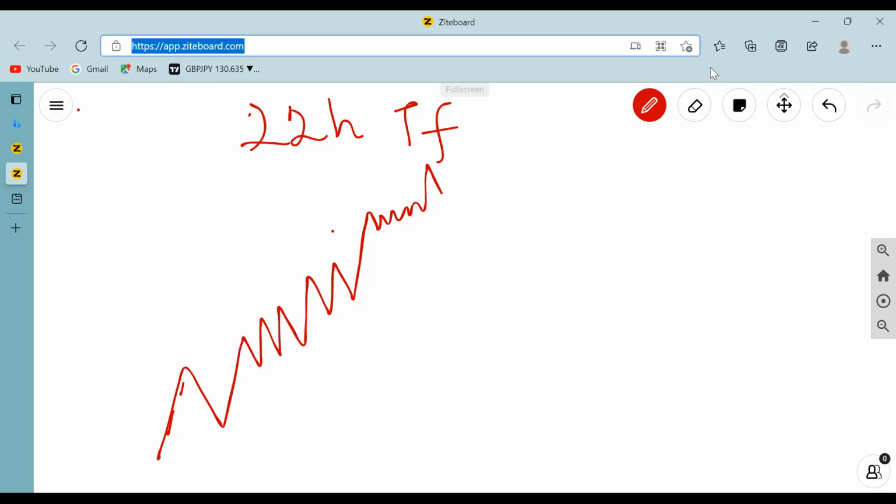All right, so from this low to this high is our structural range. The market breaks out of external liquidity, BOS. So from that low to that high is the 22-hour structure.